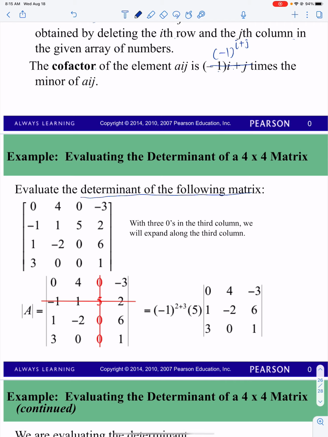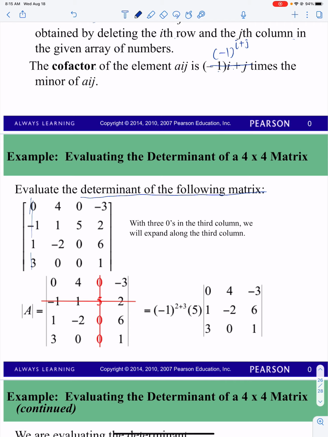Actually they have evaluated the determinant, yeah? So the trick here is, do you always need to go with the first column? No. You can choose any column or even any row. Rows we didn't talk about here, but we will talk about them in linear algebra.